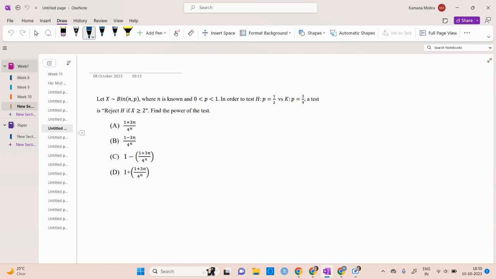So now we are testing the null hypothesis H: p is equal to 1 by 2, and K is the alternative hypothesis, which is p equal to 3 by 4. So we are saying a test is reject H if X is greater than 2, right? So what is the power of the test?